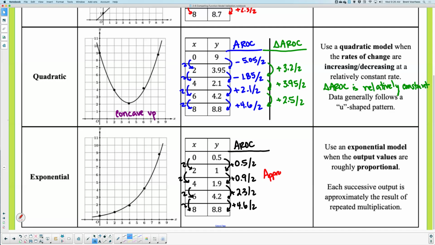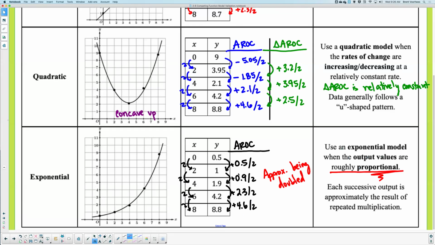They're approximately being doubled each time you go down. So each time they're being multiplied by 2. So when we use exponential values, it's when the output values are roughly proportional. That just means you're multiplying or dividing. So as you can see, these are getting multiplied by 2. They're being doubled roughly. Okay, that's the idea.